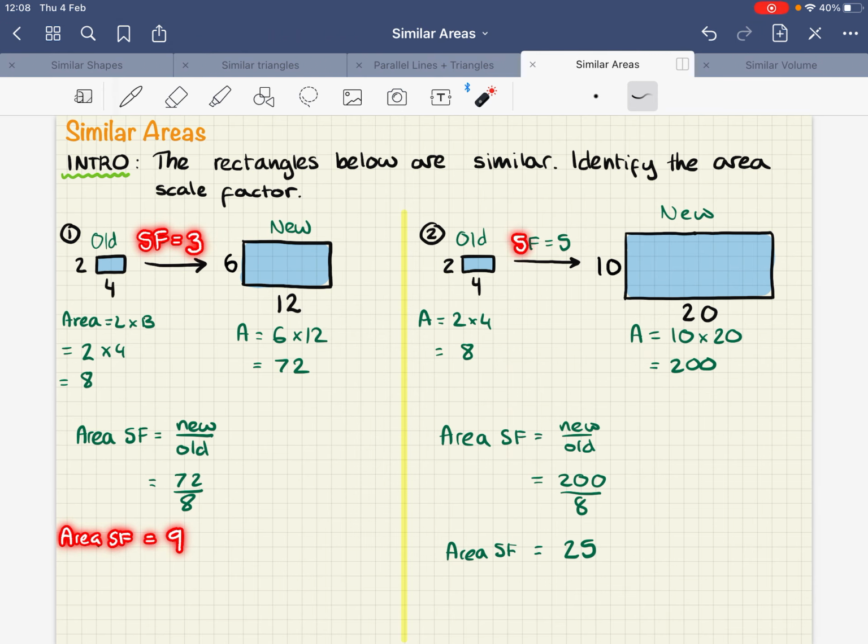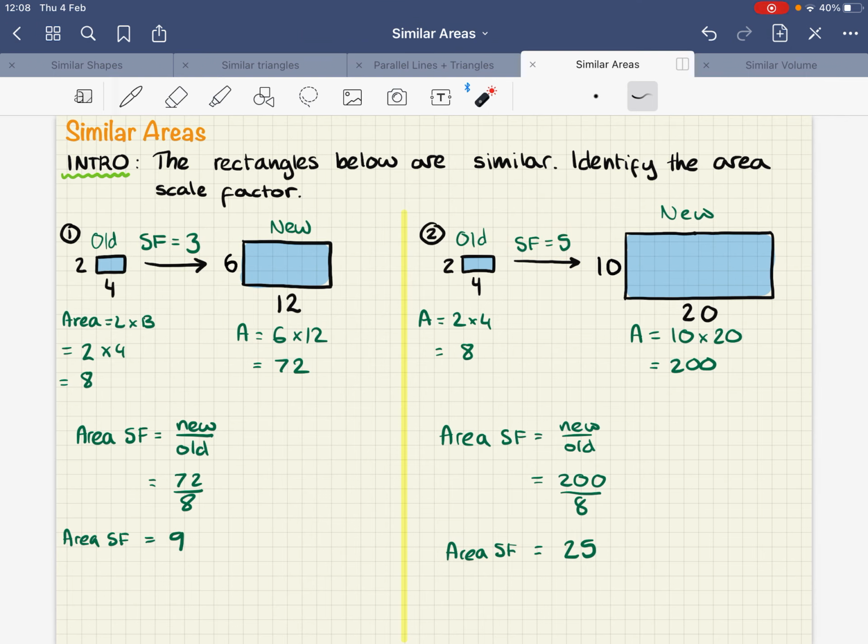Then for this one over here, my scale factor was 5. And then my area scale factor was 25. And essentially what I've done to go from my linear scale factor to my area, all I've done is square the thing. So 3 squared is 9, 5 squared is 25.